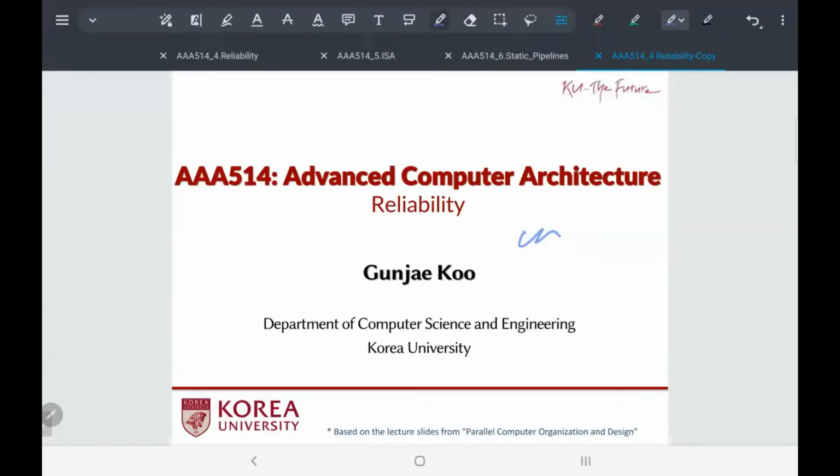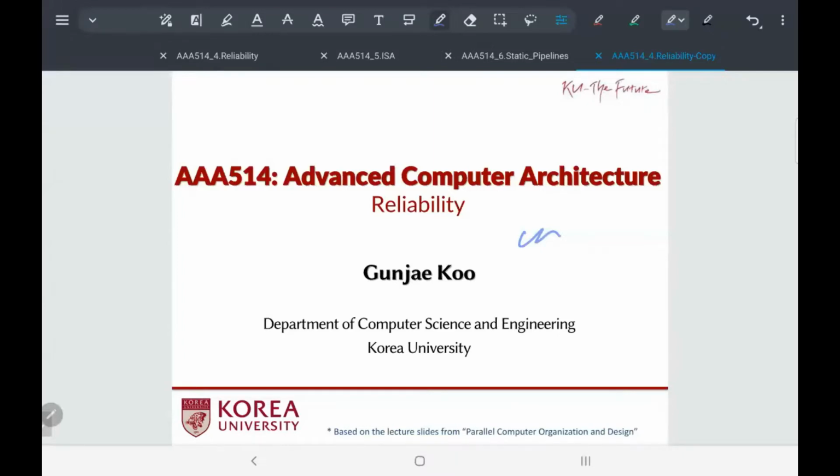And then today I will discuss some more issues related to the semiconductor technology node. I will briefly discuss the reliability issue in processor architecture, and then we will move on to more architectural issues such as the instruction set architecture, and then I will cover the static pipeline architecture.